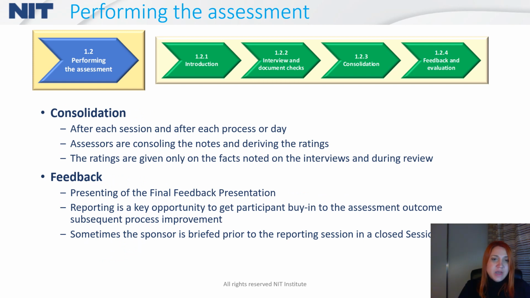The main thing which I didn't mention is that in the consolidation period, the assessors must have all the notes on paper, and this consolidation can be done after each session, after each process, or after each day. It is not important when it happens, but it is important that one whole chapter, or some bigger topic, is finished.